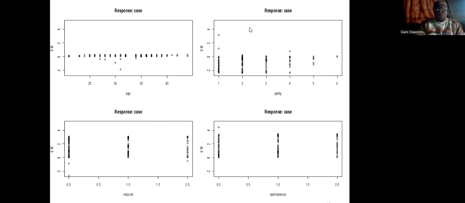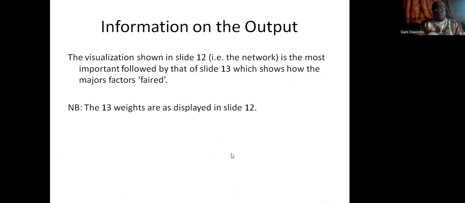This is to show how the covariates you have chosen are doing, how they fare: age, parity, induced, spontaneous. The information on the output tells you that the network is the most important, and the content of slide 13 is the graph of how the covariates fared. The weights are as shown in slide 12.